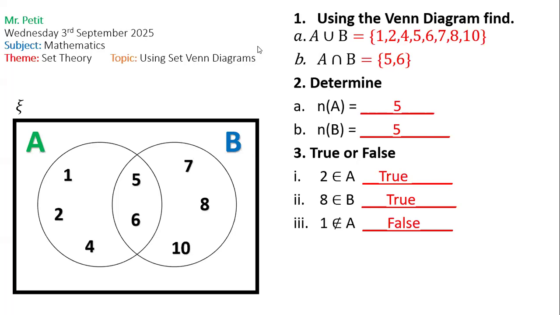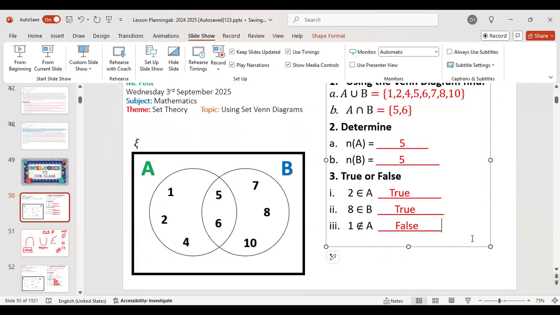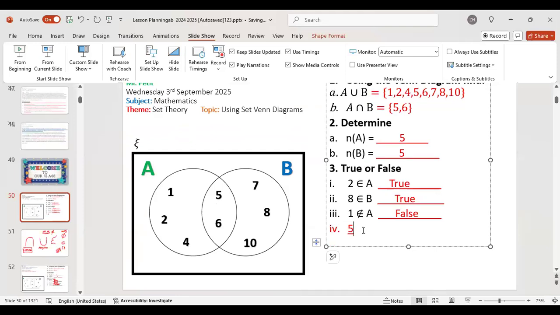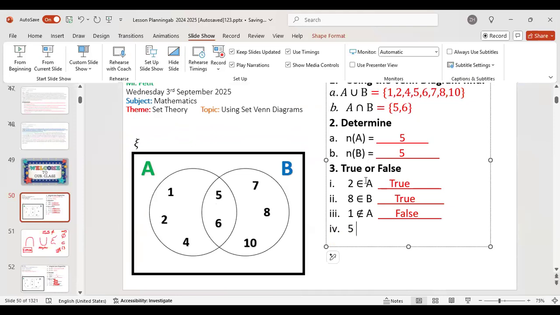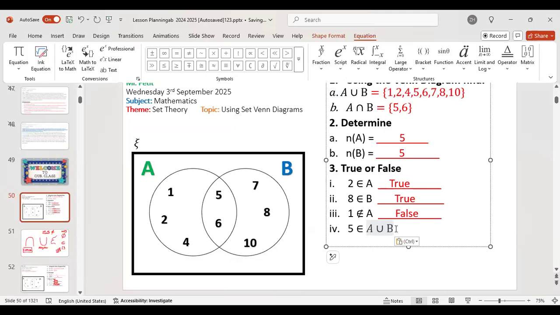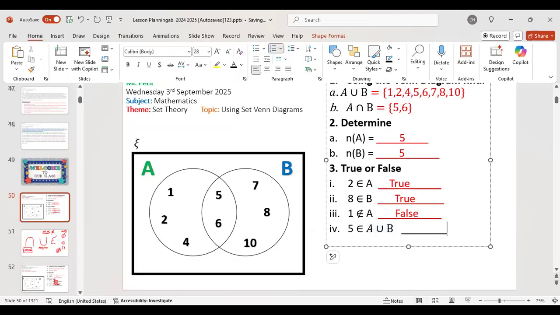All right, I want to add something to this. I want to see if y'all could get it. So let's say I say that 5, whatever this is, A union B. Is that true or is that false?